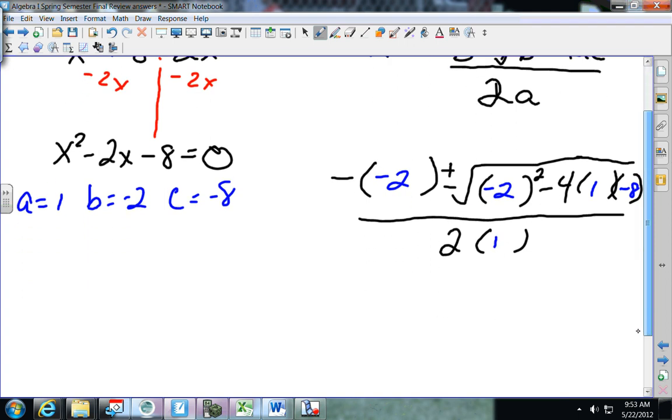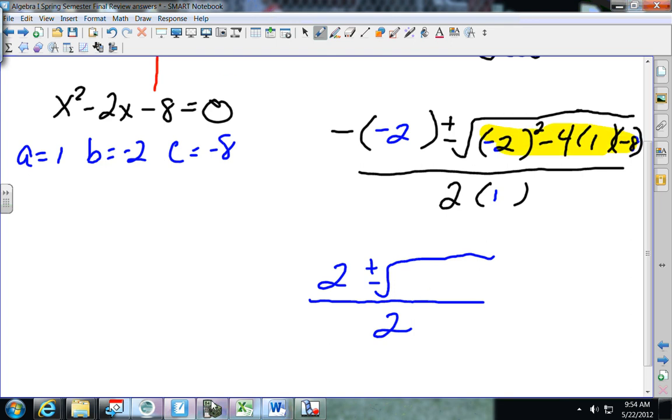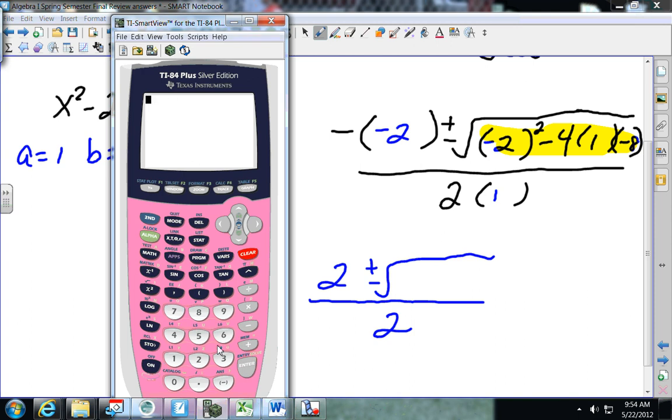All right, so now it's putting all those individual pieces together right here in the right way. A negative and a negative, so the opposite of negative 2 is positive 2, plus or minus square root, all over 2 times a, 2 times 1 is 2. Now what we want to do is put this part right here in the calculator: parentheses negative 2 squared minus 4 times 1 times negative 8.